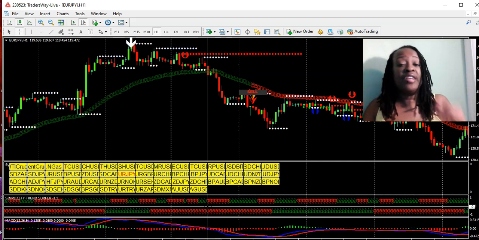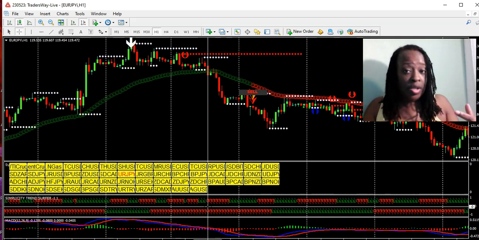Now, if it's green, green, signifying a buy, bullish trend, bullish momentum, and I'm looking for sales, then that will give me pause. So if it's red, red for sale, perfect. If it's green, red, still good.